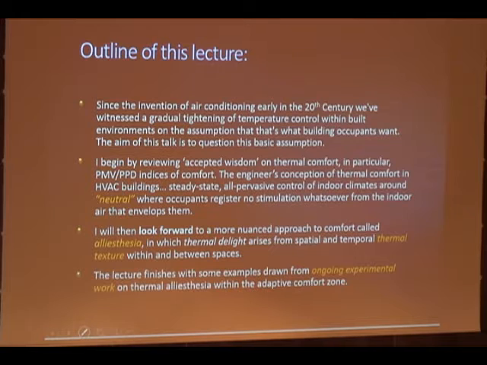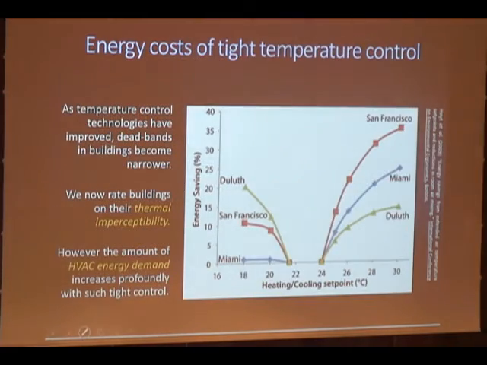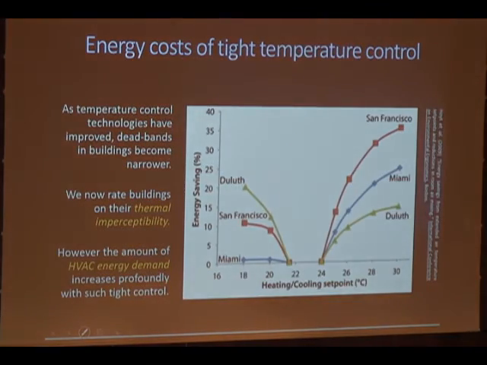I'll finish the lecture with a discussion of some of the experiments that we're doing on this topic of alliesthesia, just briefly. So the elephant in the room when we're talking about tight temperature control is the energy implications.